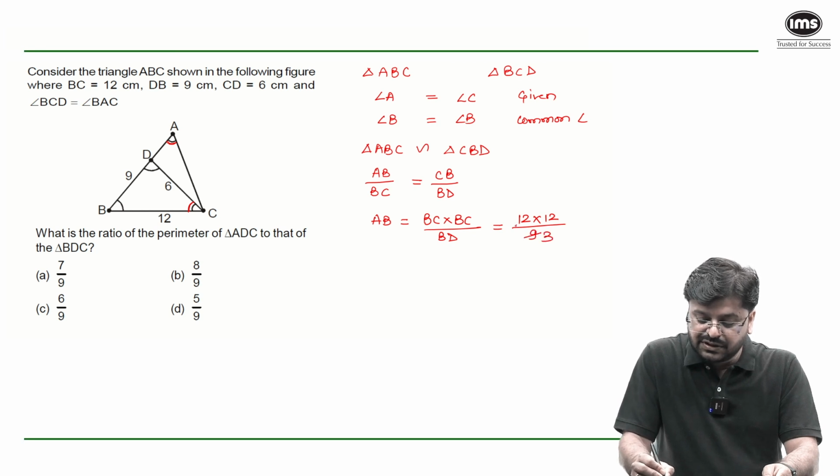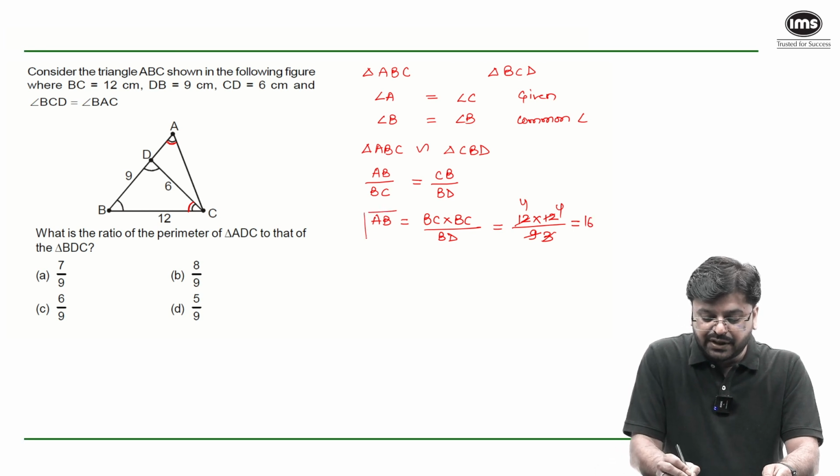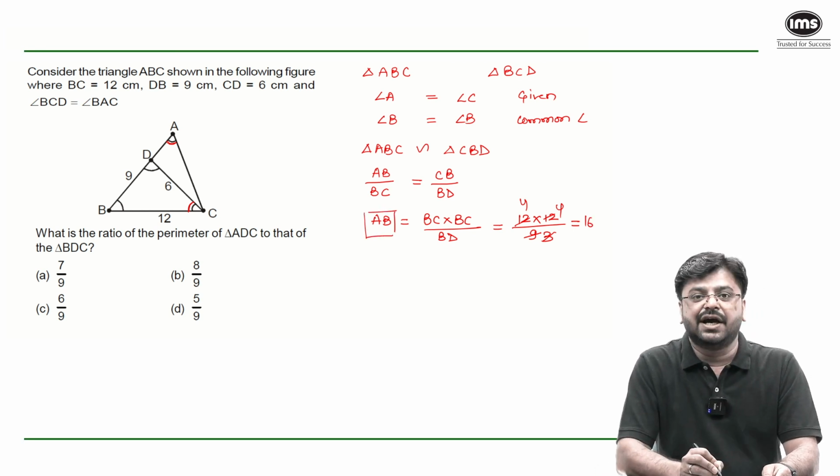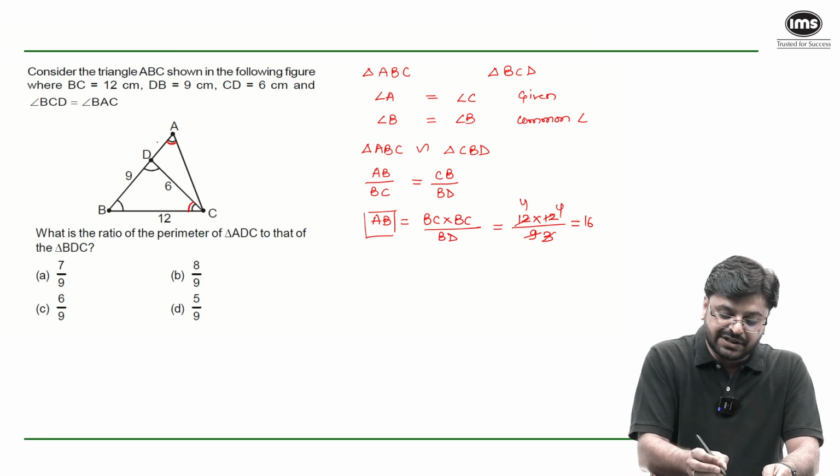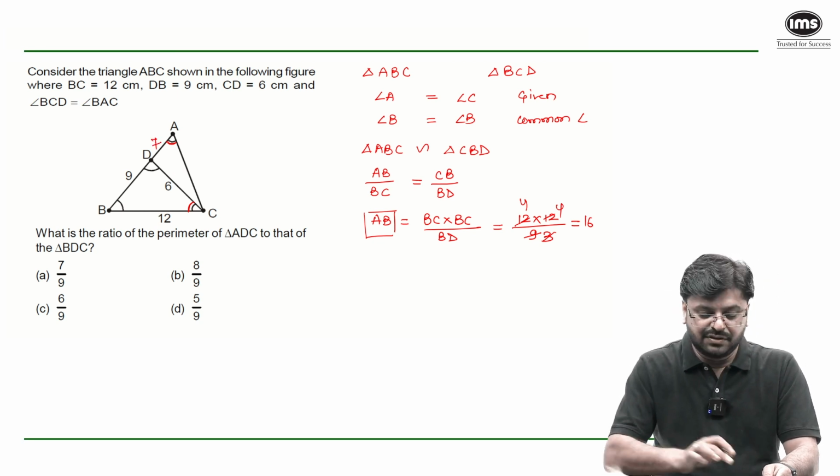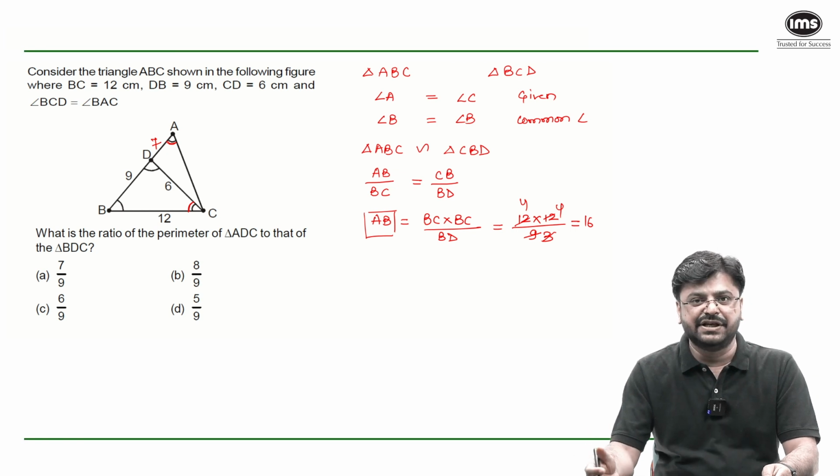So 3 3s are, 3 4s are, this is 16. Now we got AB as 16 and we have BD as 9. That means AD is 7. AB is 16, BD is 9, so AD is 7.